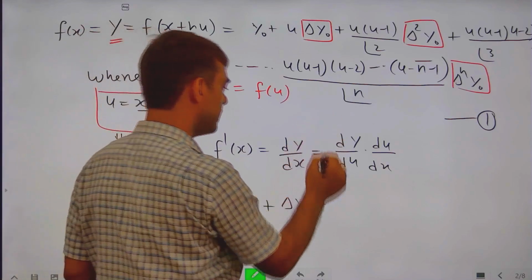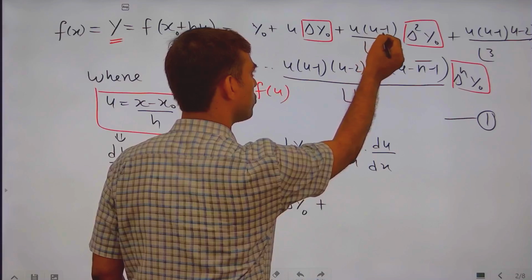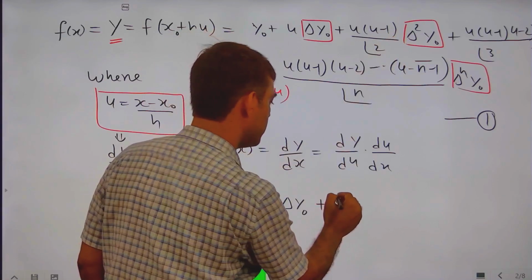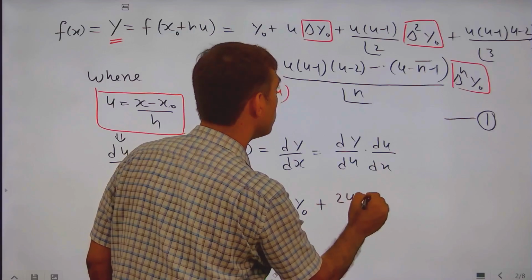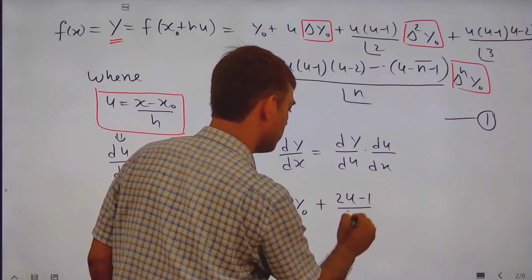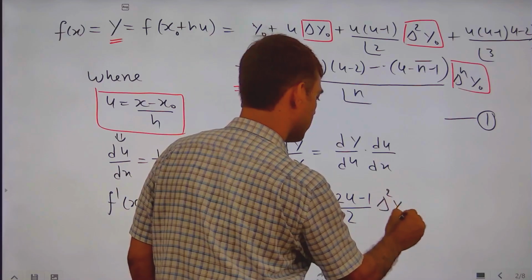Its differentiation is 2u minus 1 divided by factorial 2, that is 2, with del 2 y0.